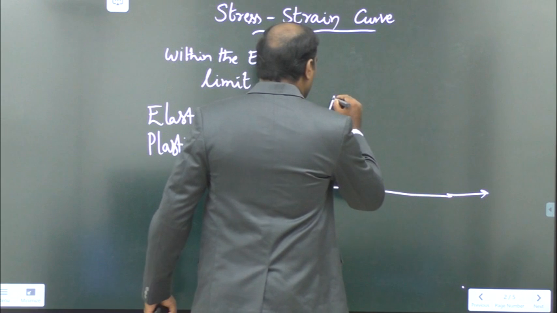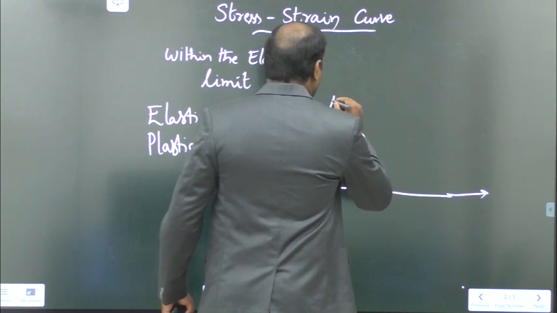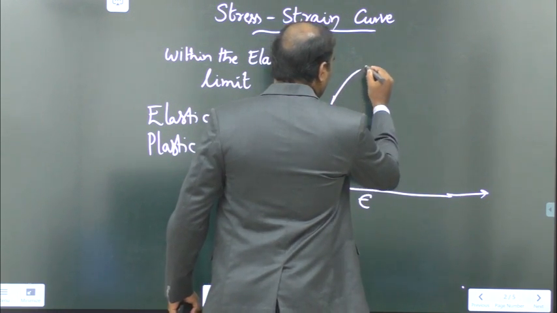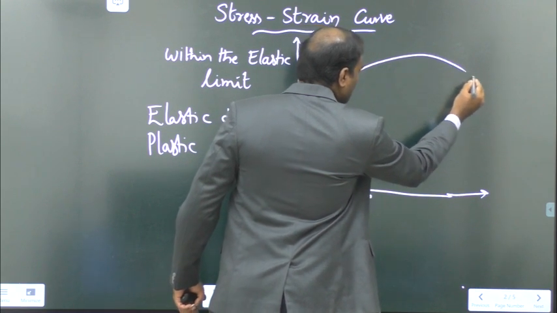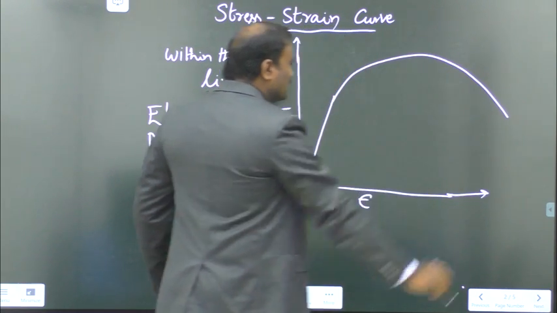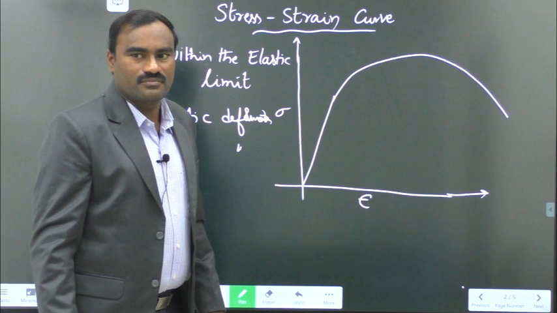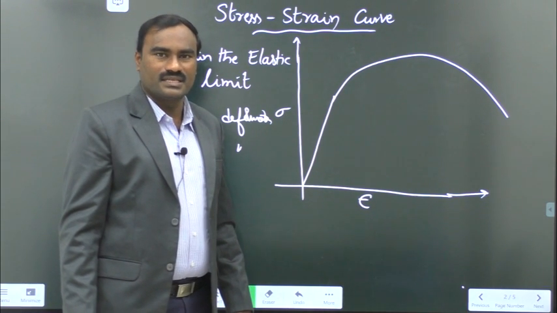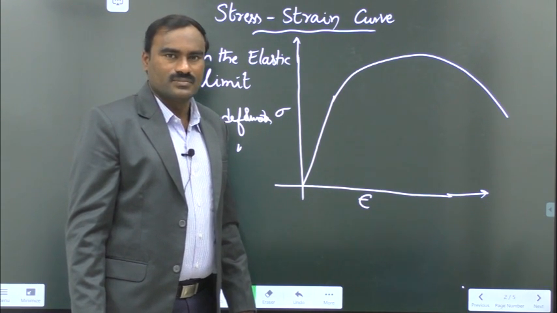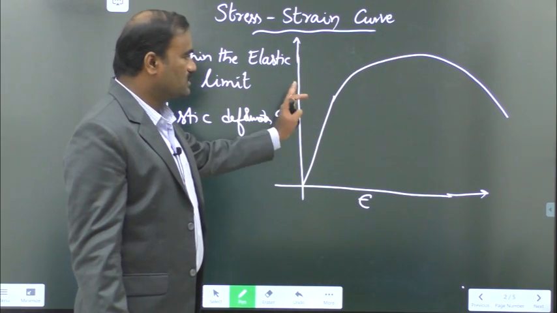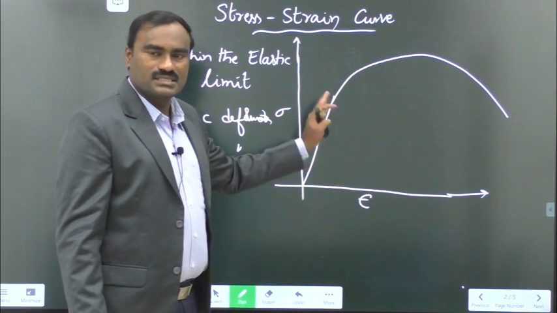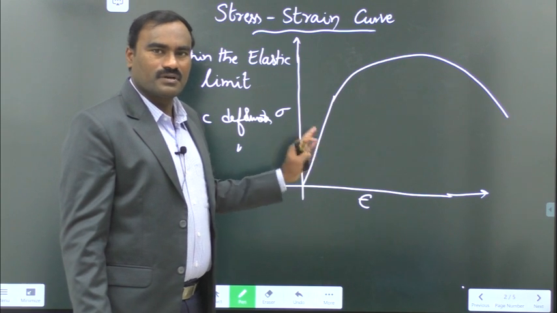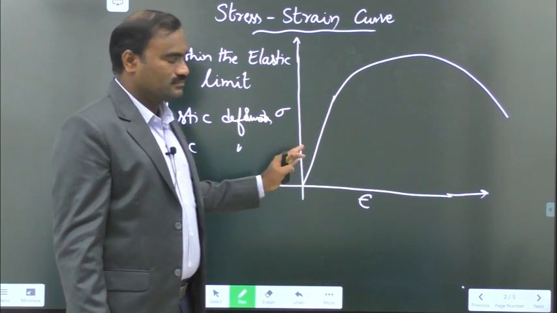The whole curve for a particular material will be like this. The original stress strain curve for a particular metal will be like this. This is the complete stress strain curve for a given metal.